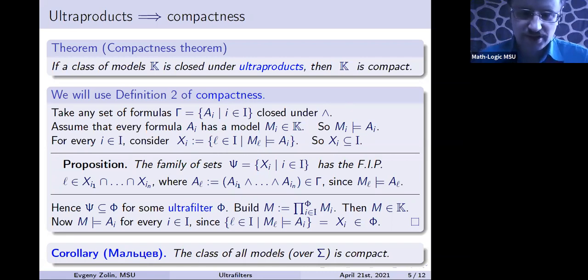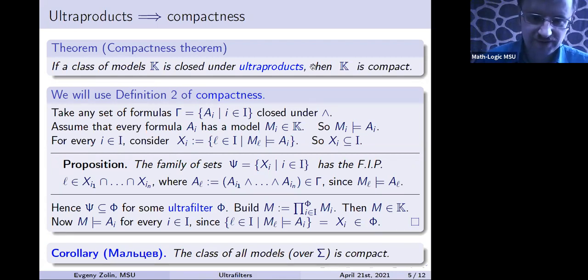In other words, the compactness theorem holds for the class of all models. So this is the usual formulation of the compactness theorem. If every finite subset of formulas is satisfiable in any model, then the whole set of formulas is satisfiable, again in any model.